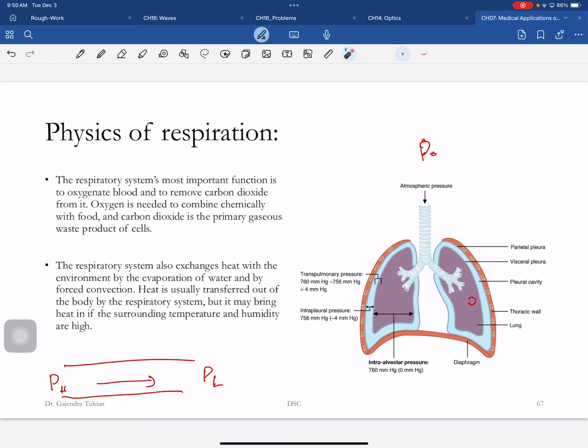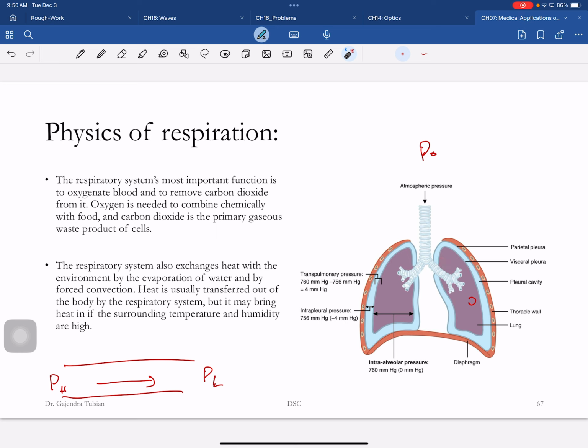The pressure here is not changing. So if you want to move air in and out of your lungs, you have to change the pressure inside your lungs. If you want to move air into your alveoli, the pressure in the alveoli has to decrease. When you want to breathe out, the pressure in the alveoli has to increase to move the air out.